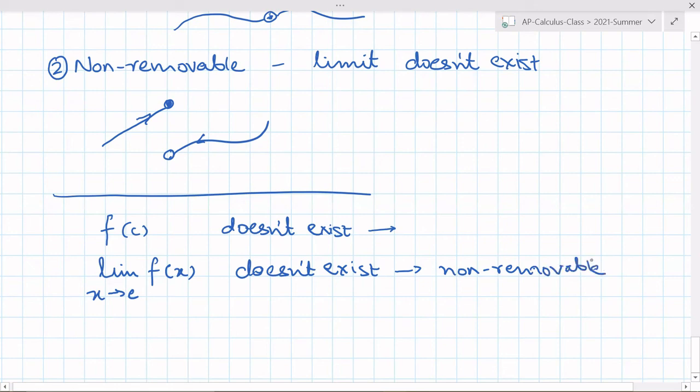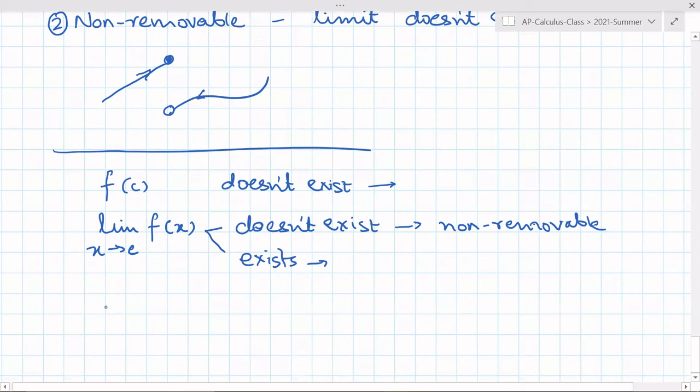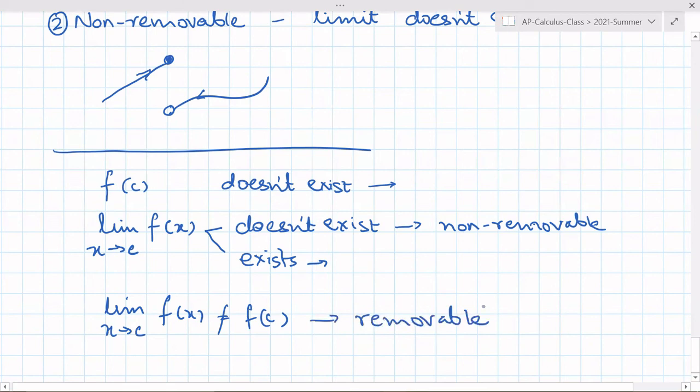We don't need to do anything more. We already know we cannot remove it. But if it exists, then you continue. Then you keep checking, right? Then you come here. So if either this doesn't exist or these two are not equal, then this is removable, right? Because just by changing f of c, we can make it work.